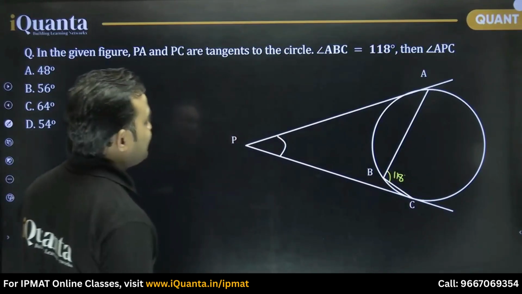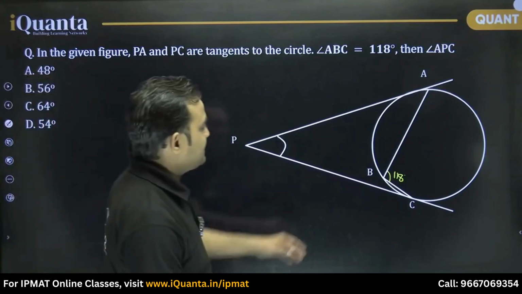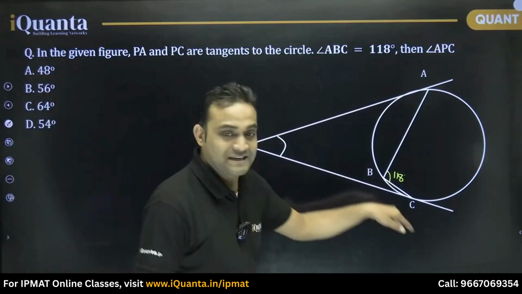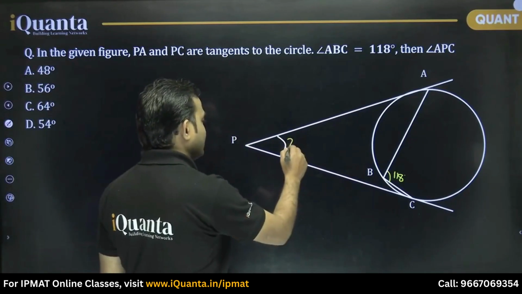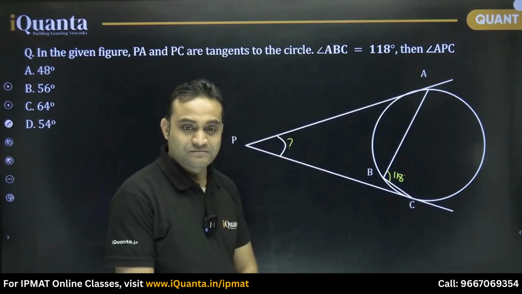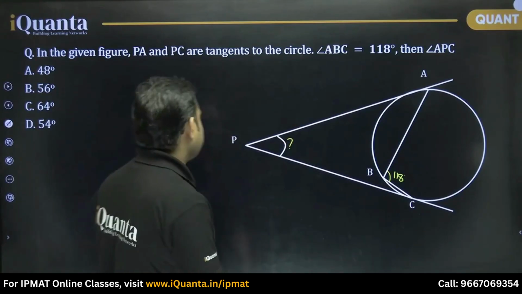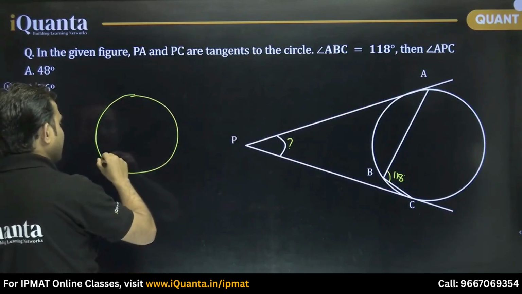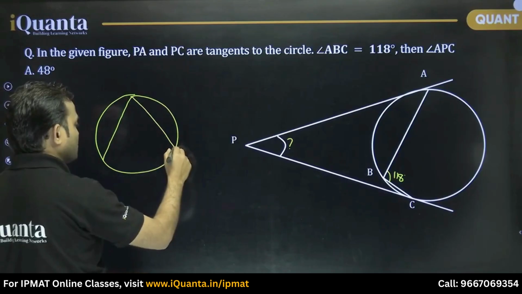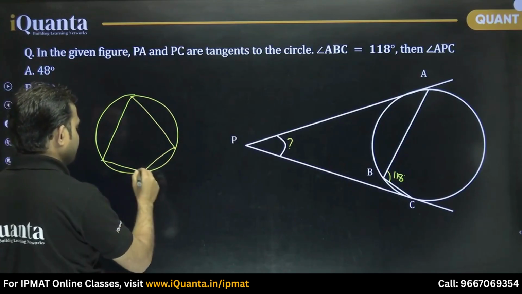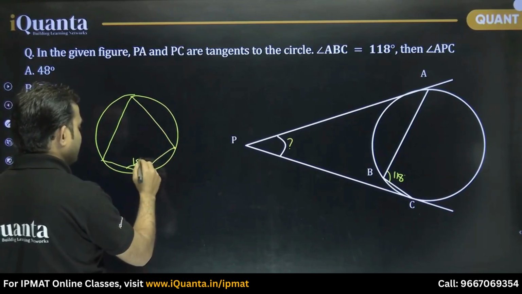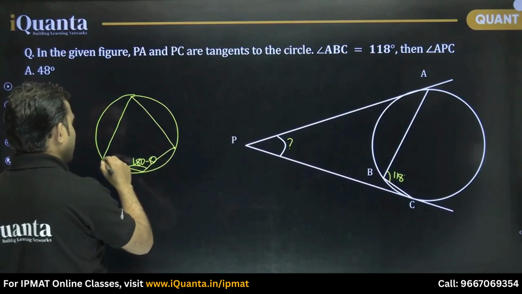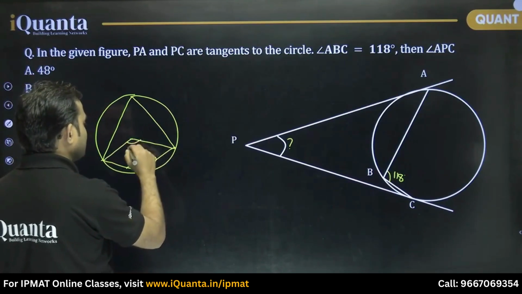Then angle APC is the angle we need to find, right? So how do we find it? We had just discussed that if this angle is 180 degrees minus theta, then the angle made by this chord will be 2 theta.